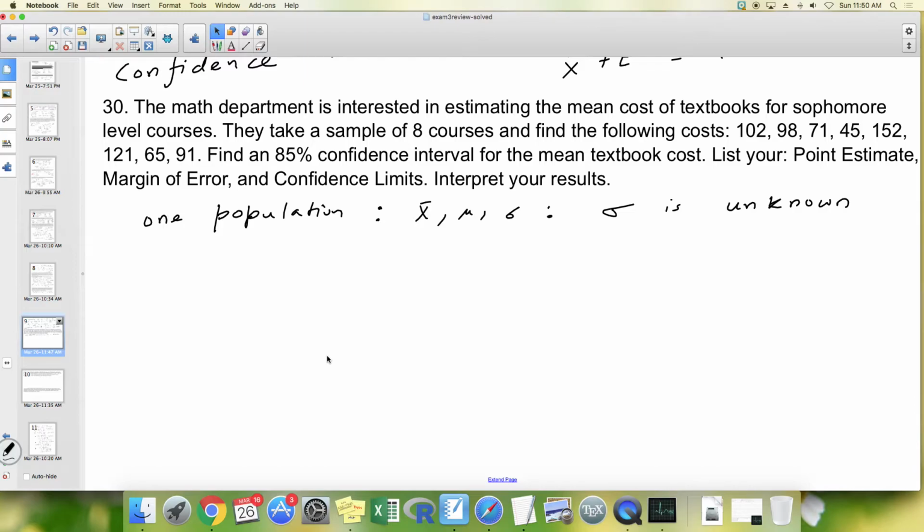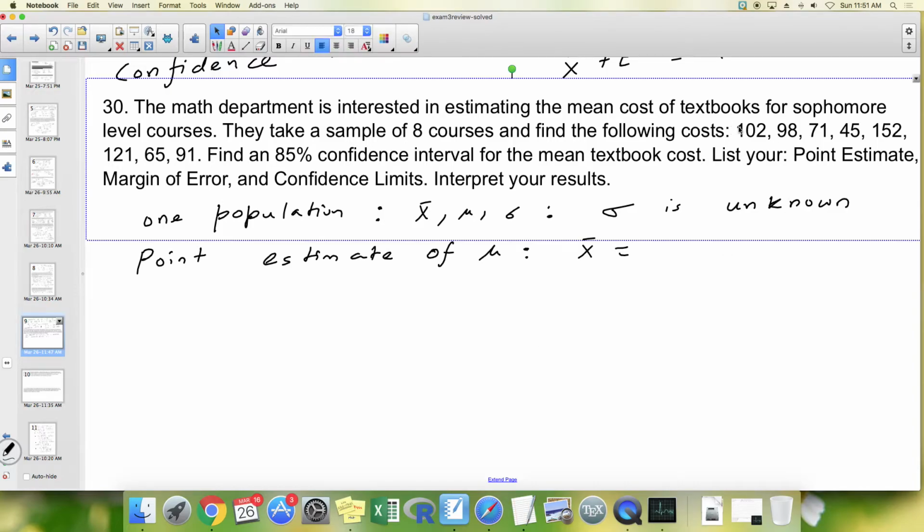So they want the point estimate of mu, which is x bar equals. Okay, so once again, the numbers are given to me. So these are my data points. How many of them are there? 1, 2, 3, 4, 5, 6, 7, 8.